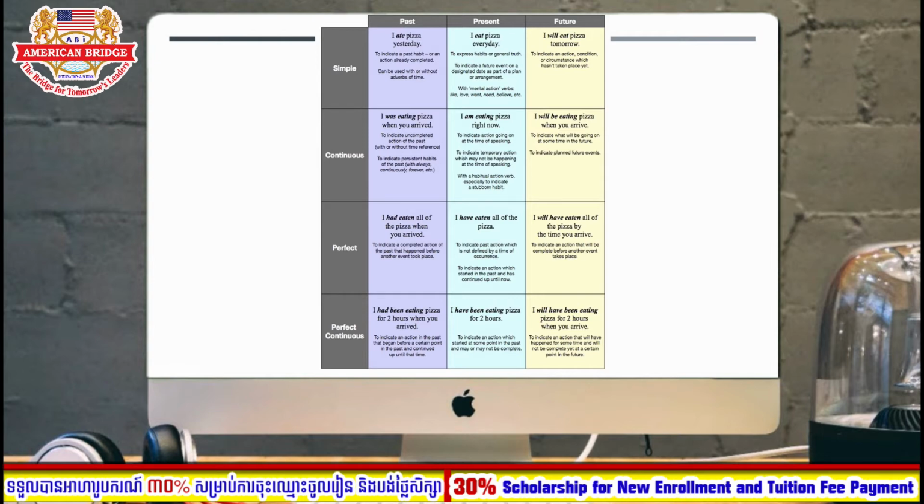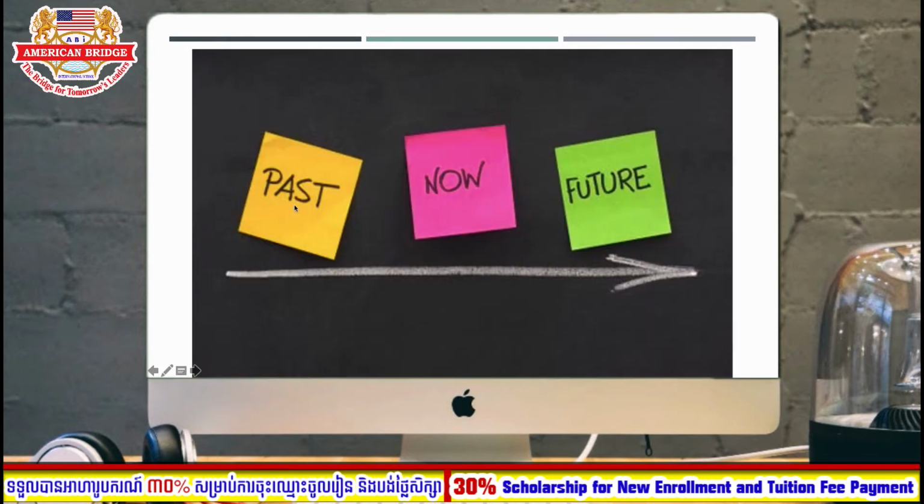So you cannot just try to read and remember all of this. You have to find a better way to remember all this information. So the better way to remember the usage as well as the form is to understand the time and the aspects. Okay, so let's look at this picture.